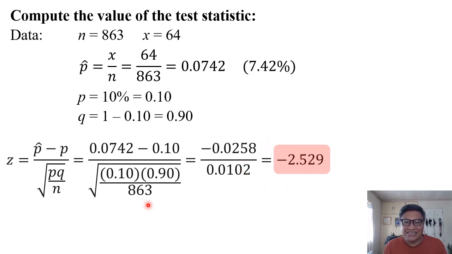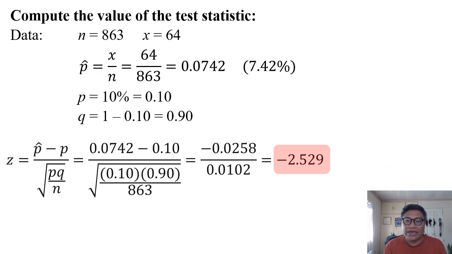Then the computed z-value, class, is negative 2.529. So again, if it is negative, it means that 7.42% is really less than the 10%. That's the reason why we have a negative. So we want to find out whether 7.42% against the 10% hypothesized is really different at a certain level of significance. So this is the result already, class, of the computed z-value.